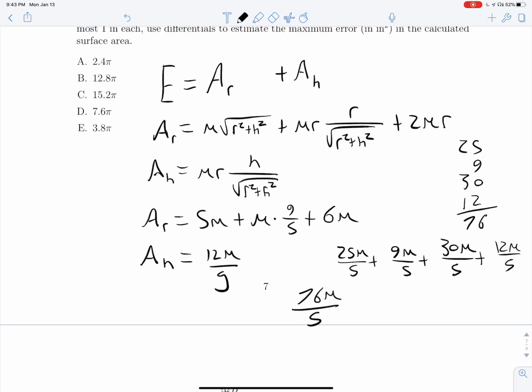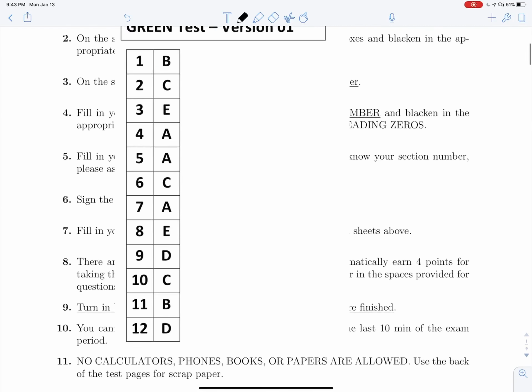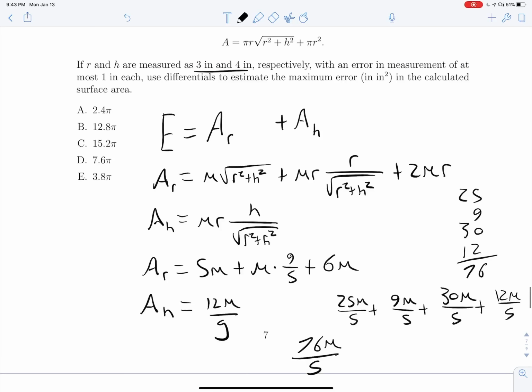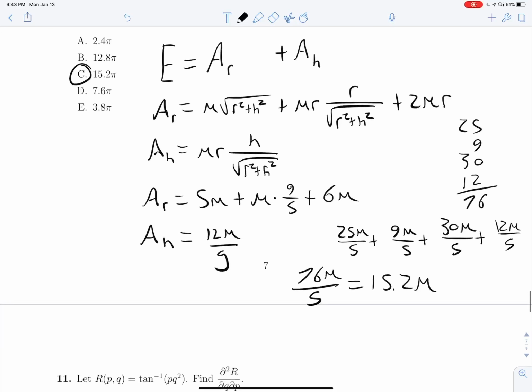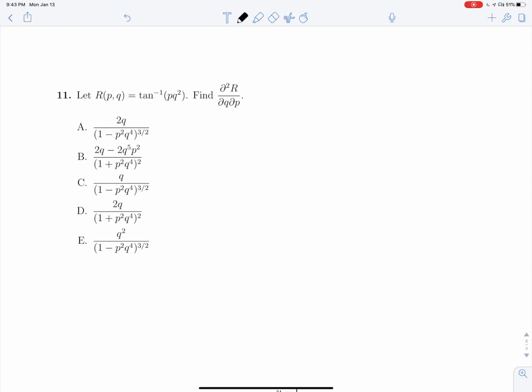Okay, yes, I may or may not have just typed that into Google. I'm feeling a little lazy tonight, but our answer, thank God, is 15.2 pi. I'm sorry you had to bear with my kind of failures on that one.